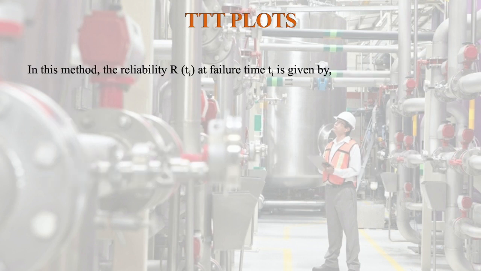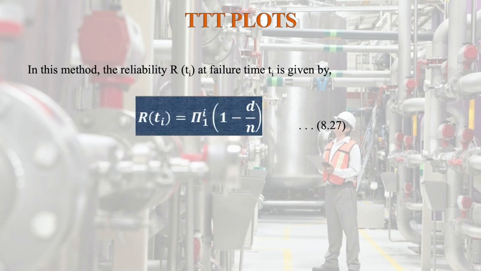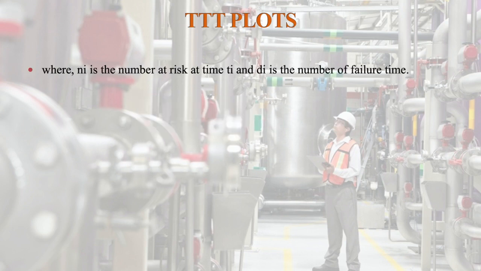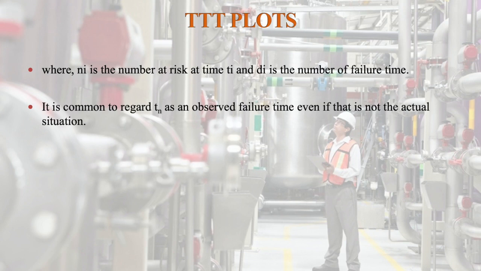In this method, the reliability R(Ti) at failure time Ti is given by R(Ti) = product 1 to i of (1 - d by n), where n is the number at risk at time Ti and d is the number of failures. It is common to regard Ti as an observed failure time even if that is not the actual situation.